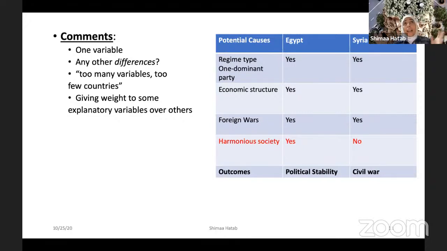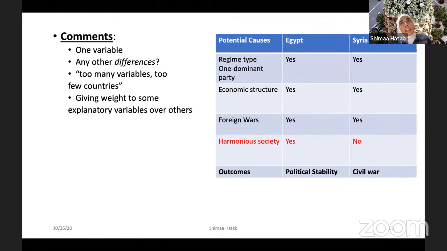So I gathered some facts about the key characteristics of these cases. Both of them have the same regime type. They have a one dominant party system, the NDP in Egypt and the Ba'ath Party in Syria. With regard to the economic structure, they might have the same: non-oil based, and both of them didn't have an extensive industrial base.